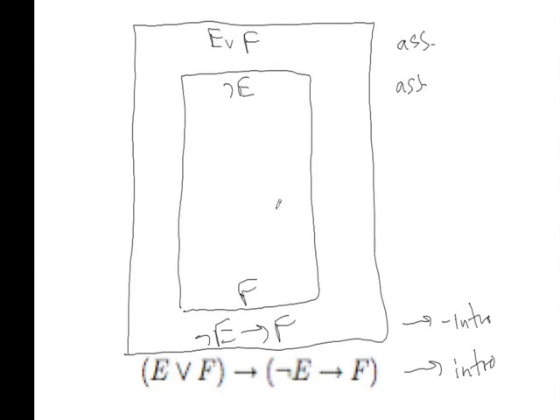So what can we do? The obvious answer is that we have to somehow extract information from the first line. We know E or F.